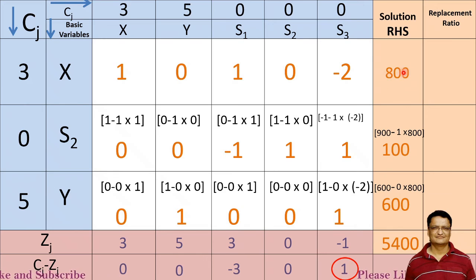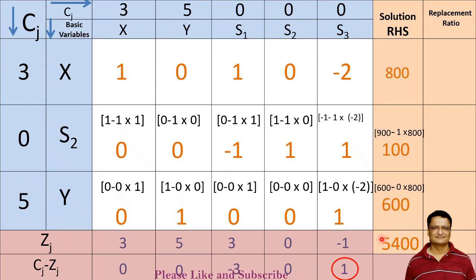The value of x is 800, the value of y is 600, and s2 is coming as 100. So what is the meaning of this s2? There is still some unused portion, unused resources from constraint number 2, which is 100, and the profit is given by 5400.